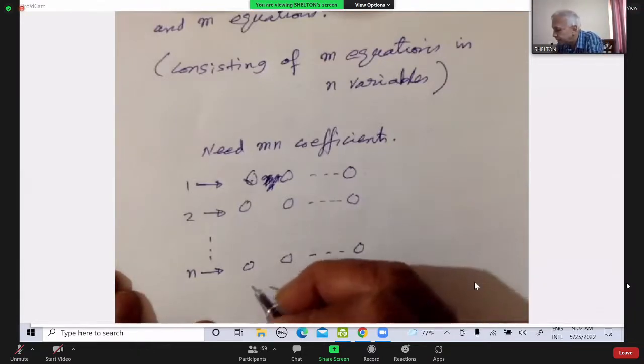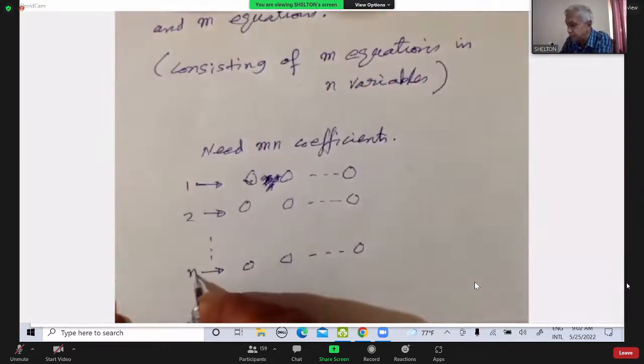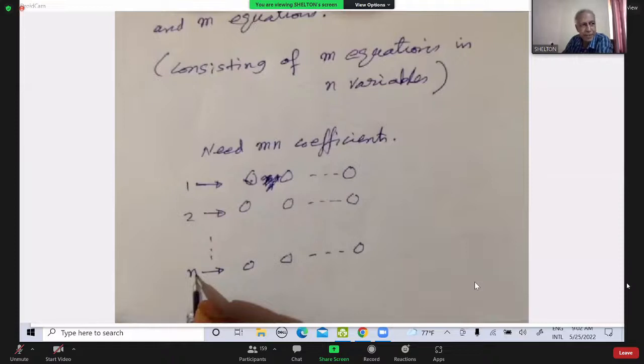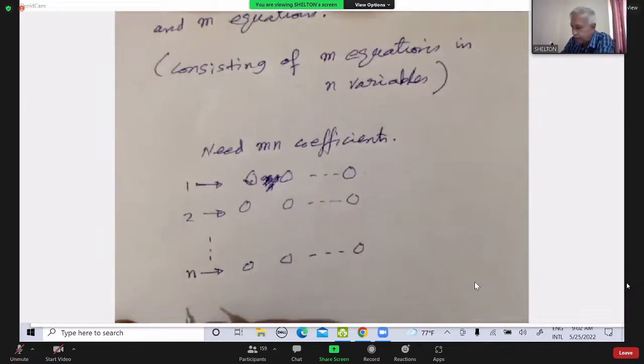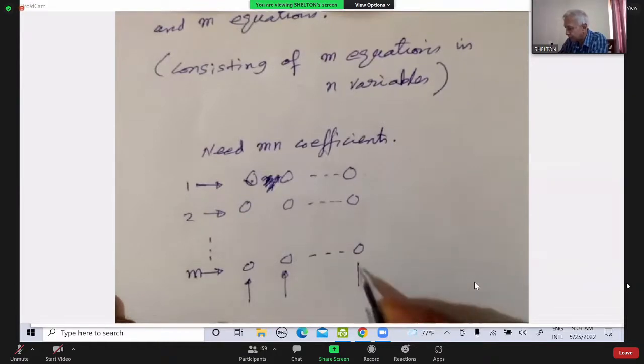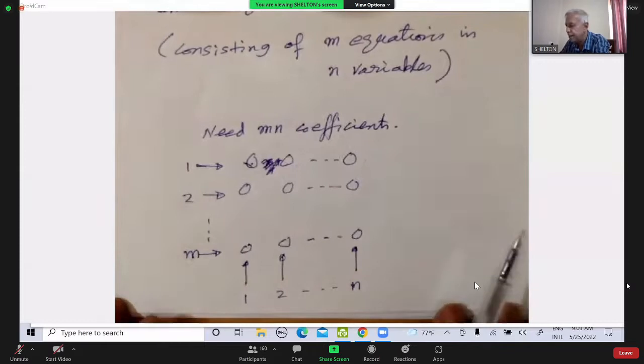How many variables are there? Consisting of m equations, constants. M equations. How many variables? One, two, n variables. Now, if you understand this setup, then this notation would be meaningful.